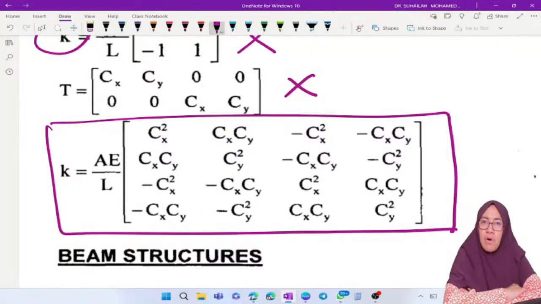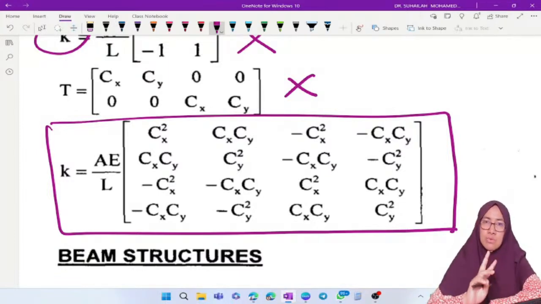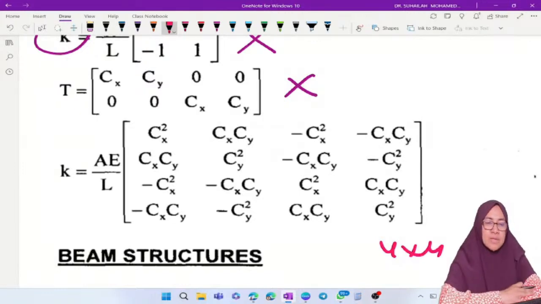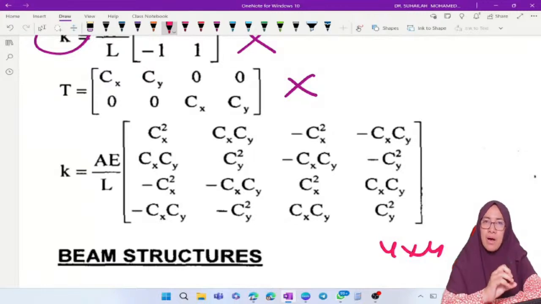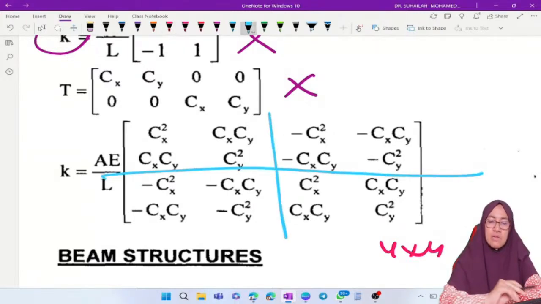It is 4 by 4 because an element consists of 2 nodes, and for 2 nodes in total we have 4 degrees of freedom. Most important, this is a 4 by 4 matrix, and it is based on the near and far end position. The first two are for near, and the last two are for far.